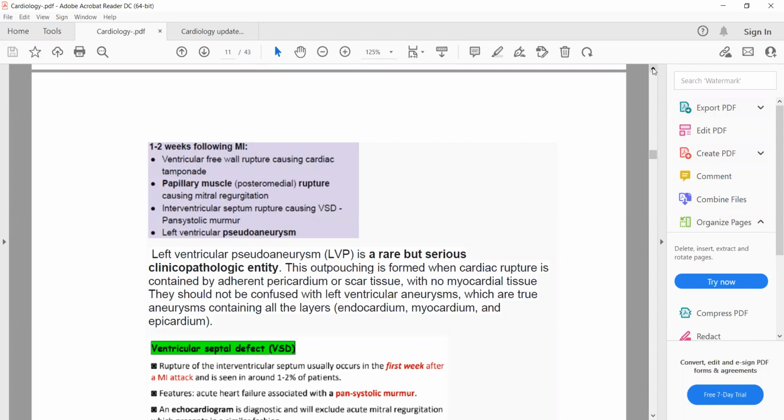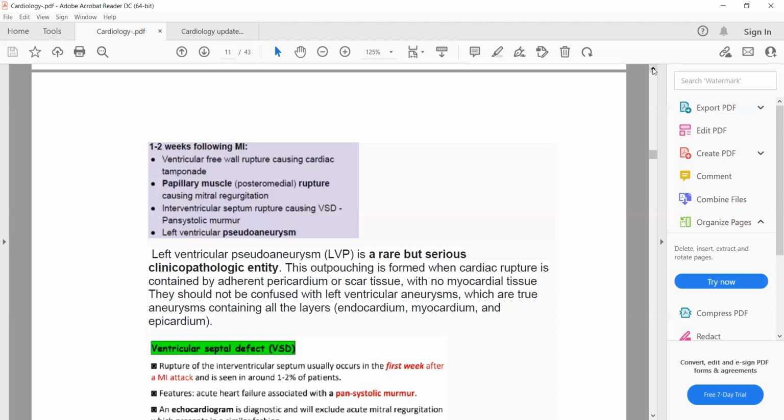Remember that a patient can develop cardiac tamponade as a complication of pericarditis as well, and also as a complication of Dressler syndrome.